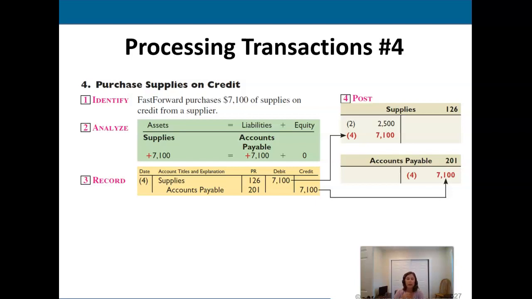And I don't unfortunately have that little chart handy, but if you do, take a look at those liabilities, look at what increases and decreases a liability account, and you will see that opposite from assets, a credit increases the balance in a liability account. And we remain in balance from this transaction. We have 7,100 and 7,100, so that's in balance, and we are good to go. And I should note that our supplies account currently has a $9,600 debit balance.